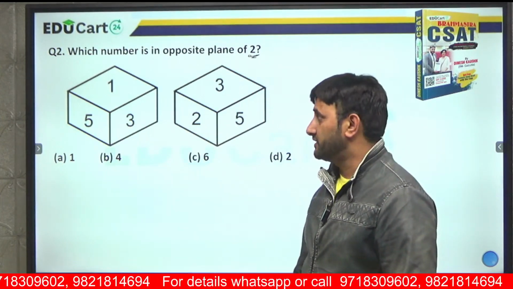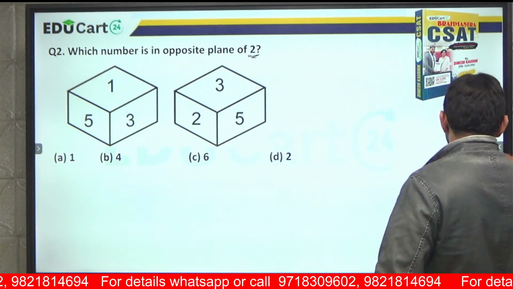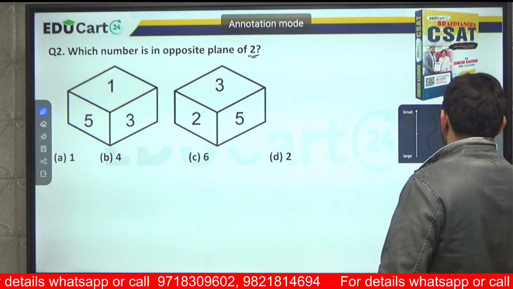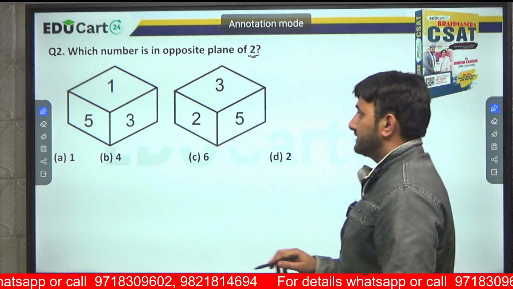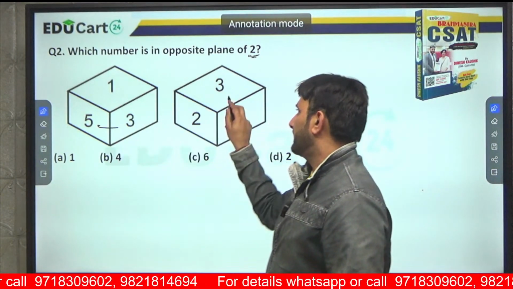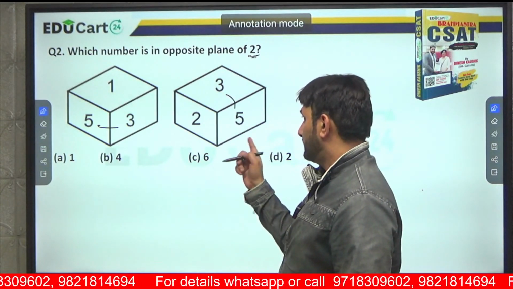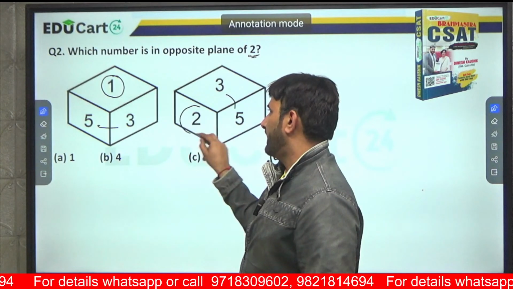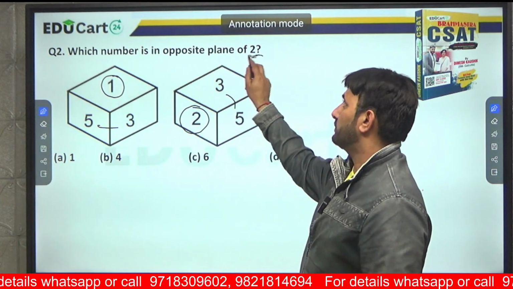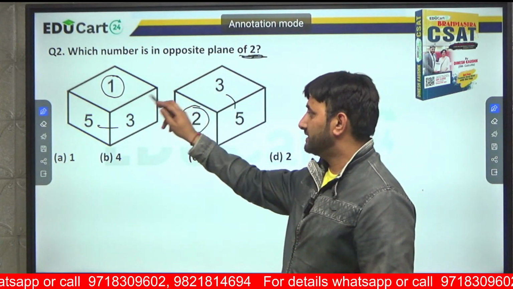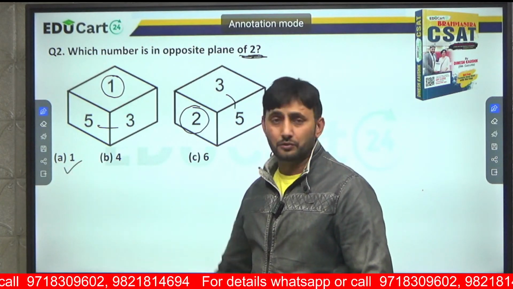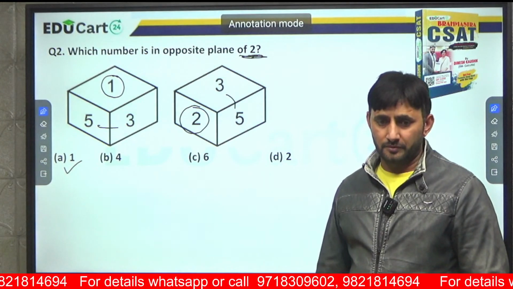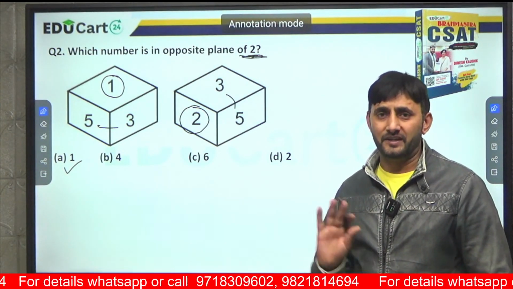These are common faces. So the non-common faces will be on the opposite sides. The non-common faces 1 and 2 will be on the opposite side. We have to find which is opposite to 2. Answer will be 1. Opposite to 2 is 1. I hope it is clear.